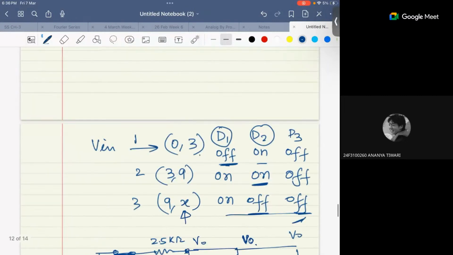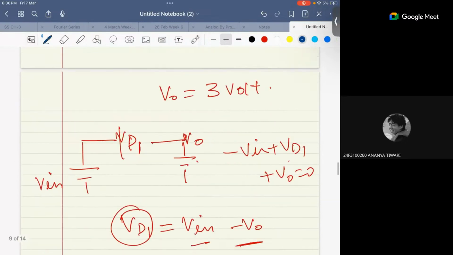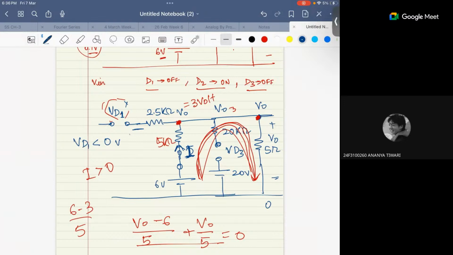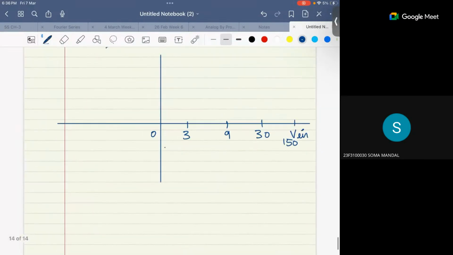So in the first condition, when we have taken a very small value, the output that we were getting was 3 volt only, correct? So here it will be 3 volt. Now from 3 to 9, V naught was proportional to 0.5 times V input, so the slope will be 0.5.